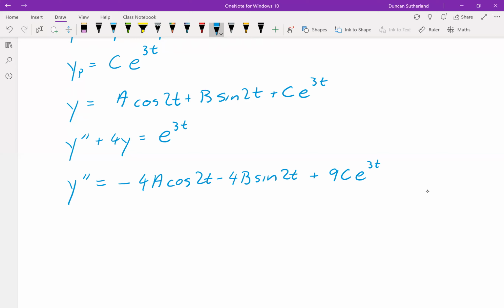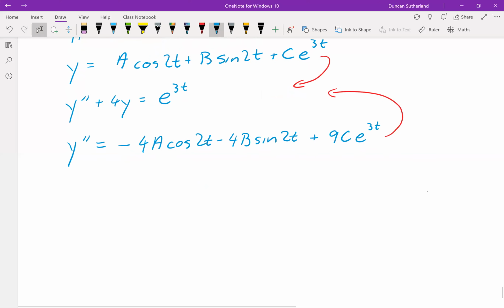Okay, now we've got all our ingredients. We just plug them in here and see what we get. It's quite a long expression.